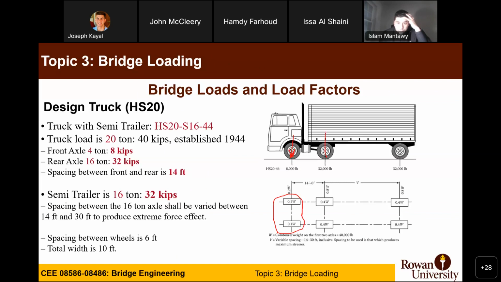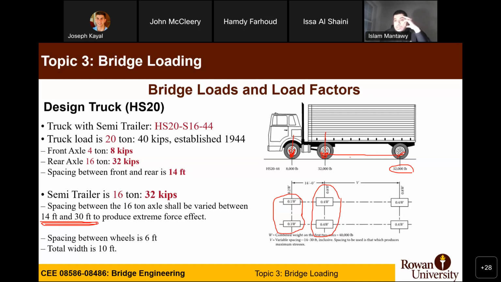It gives a spacing of 14 feet, and then the next axle is 32 kips, and then the back axle is also 32. Okay, what is the distance between the two last axles? Between 14 and 30. 30, correct. Okay. Thank you.